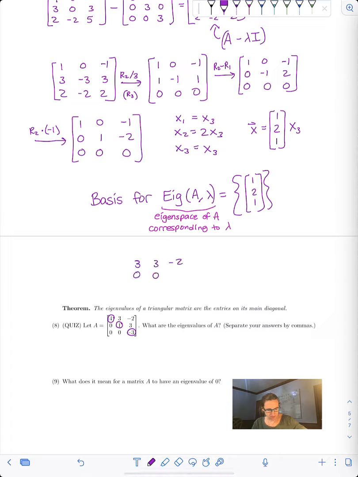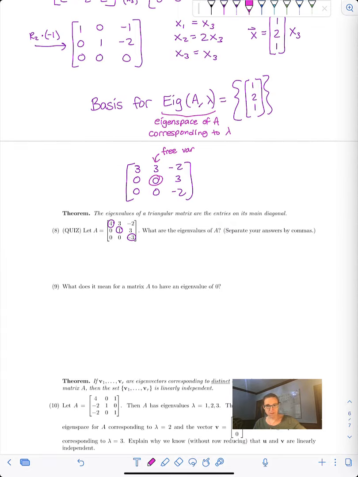And you see that 0 showing up there. It's going to make one of those entries go away and convert that column into one corresponding to a free variable. And that's what gives it that non-trivial solution. So I've asked you to write down what the eigenvalues of this particular matrix are.